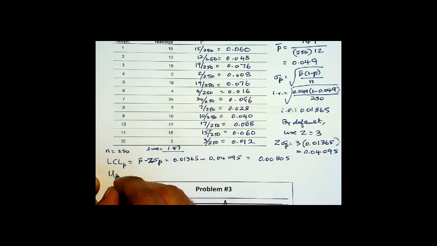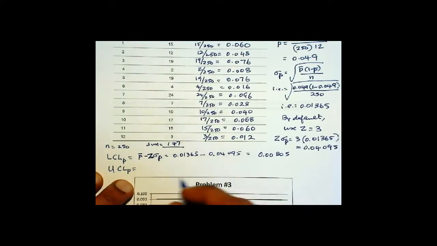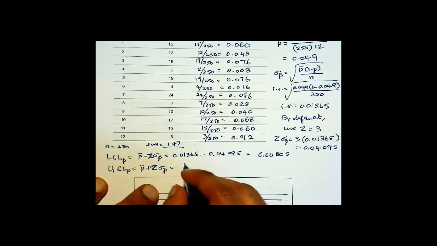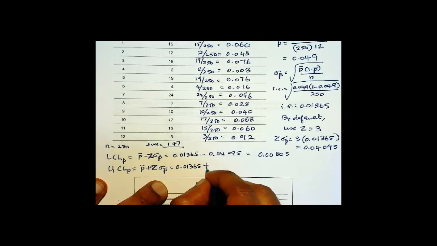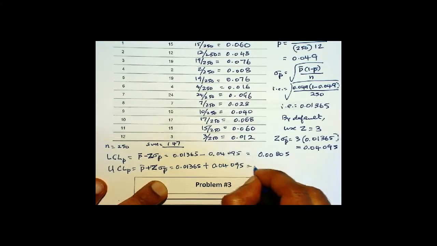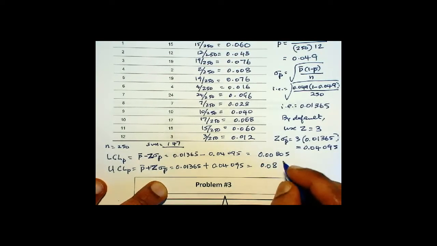The upper control limit is P bar plus z times sigma sub P bar, 0.049 plus 0.04095, and that is 0.08995.